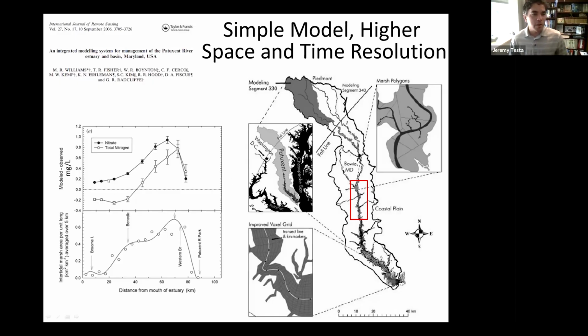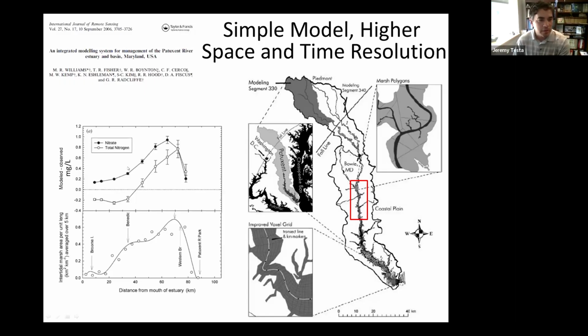And so what you're looking at in these graphs are the difference between the model and the observed, where positive means that there's much more modeled than is actually observed there. And this discrepancy where the model thinks there's a lot more nitrogen than there should be is right where the marsh area is really high relative to the length of the estuary.